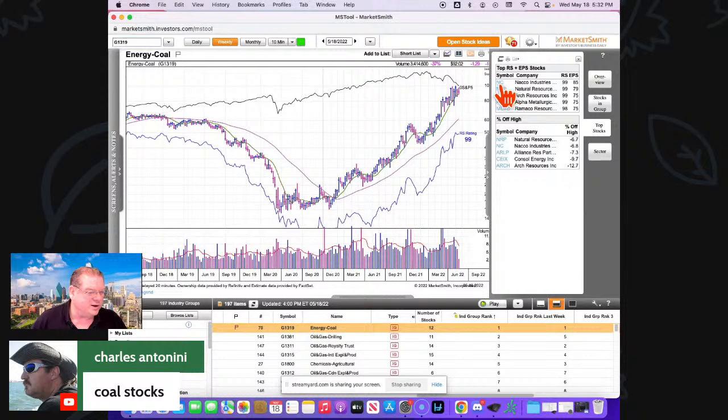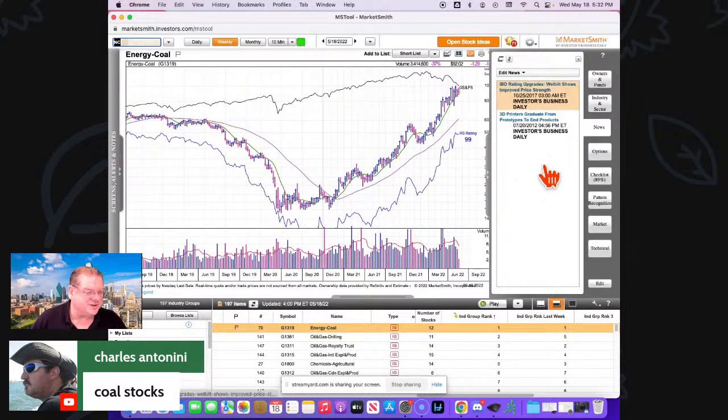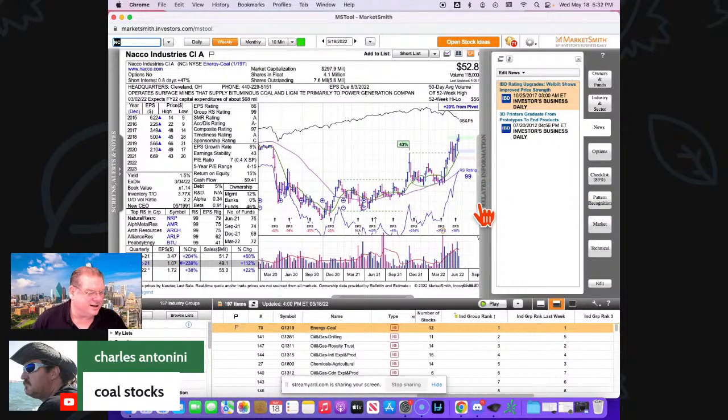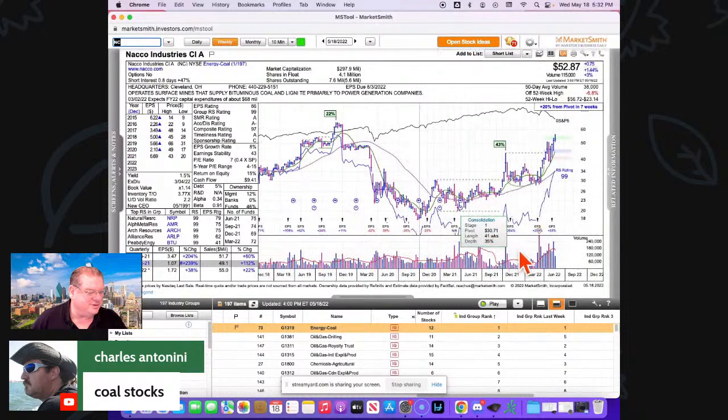One of the ones we want to look at is NC. This is NACCO Industries, based in Cleveland, Ohio, and it's looking pretty decent. It's a little extended, so I probably wouldn't buy this one here, but it has a relative strength of 99.